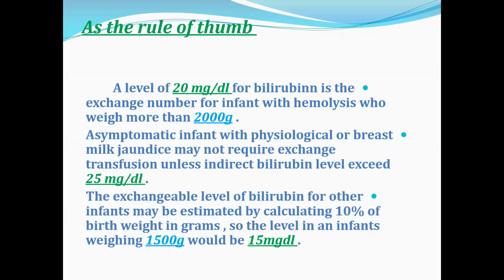Here we have practical points to decide which newborn with a high level of bilirubin needs exchange transfusion. A level of 20 mg per deciliter of bilirubin is the exchange number for an infant with hemolysis who weighs more than 2 kg.